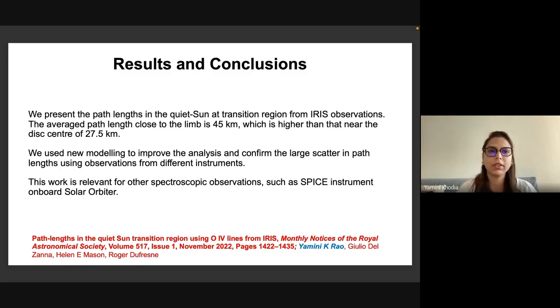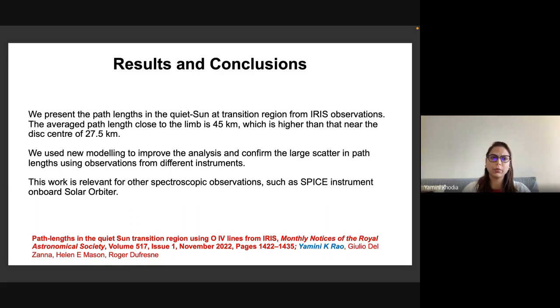That is also required because the motivation behind this work was to calculate the filling factors, but using IRIS we could not get the emission measure. So it would be interesting to take the emission measure from spectral lines from the SPICE instrument on board Solar Orbiter, and combine it with these path lengths from IRIS to see how the filling factors in the chromosphere and transition region come out.